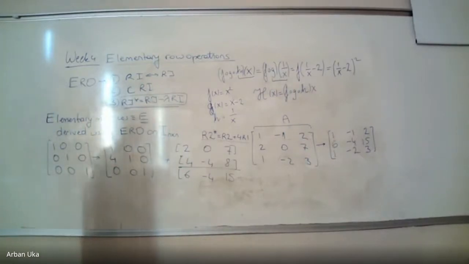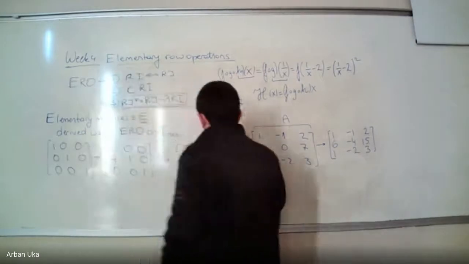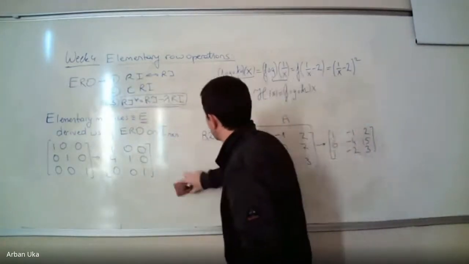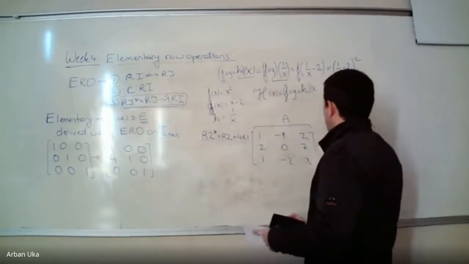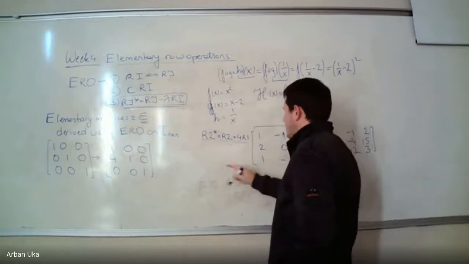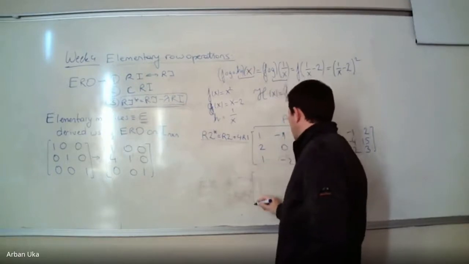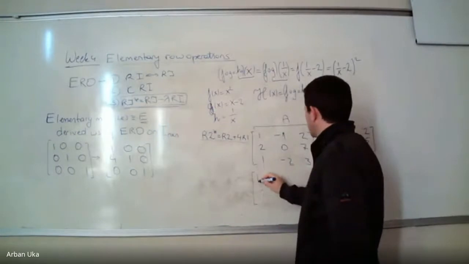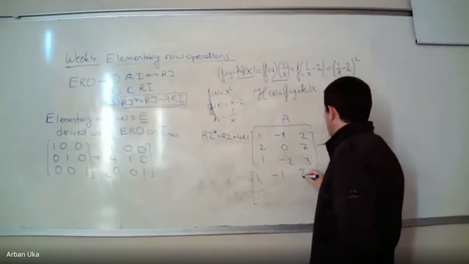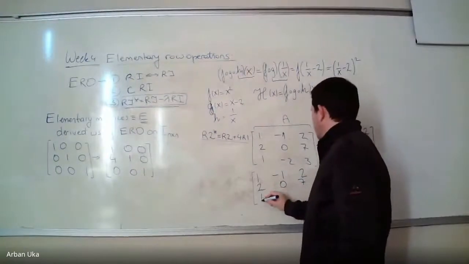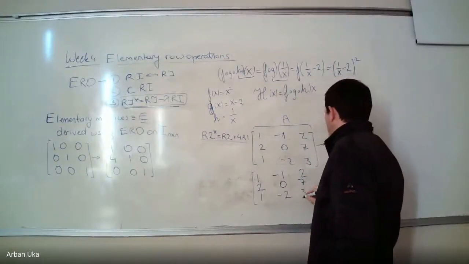So let's try to do this. Allow me to delete this one because I believe we understood this. And let's apply this elementary matrix on this. So here we have 1, minus 1, 2, 2, 0, 7, 1, minus 2, 3.